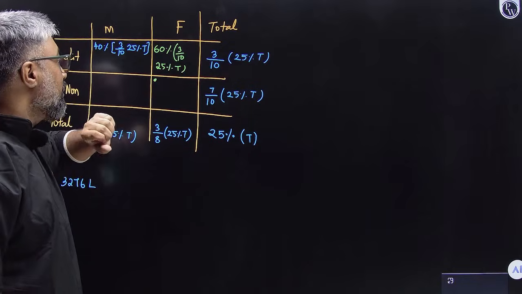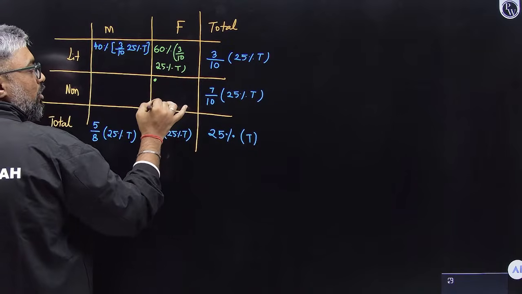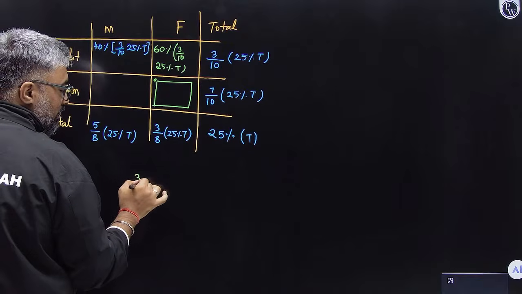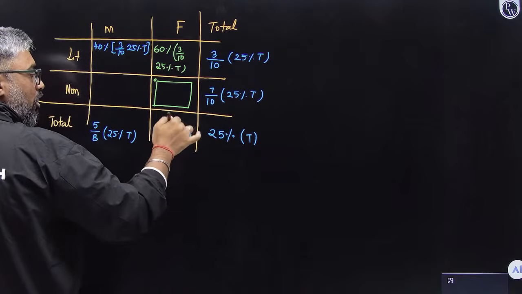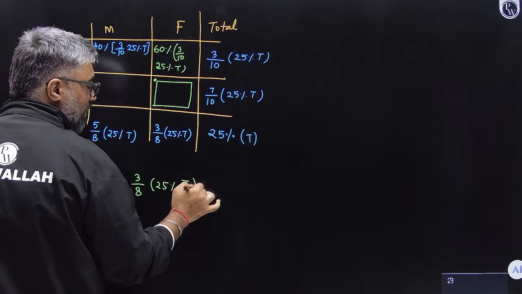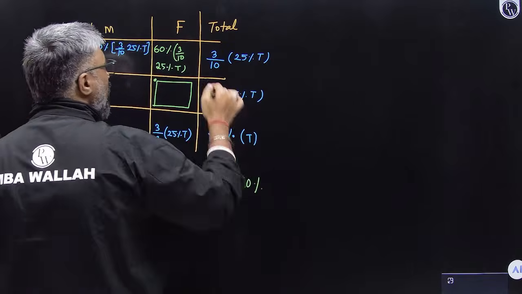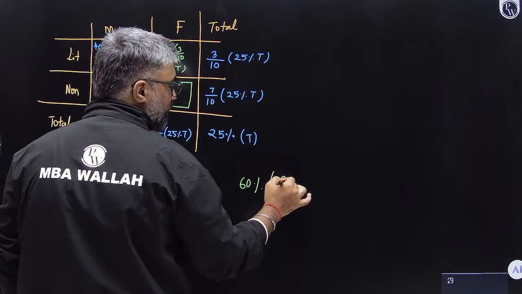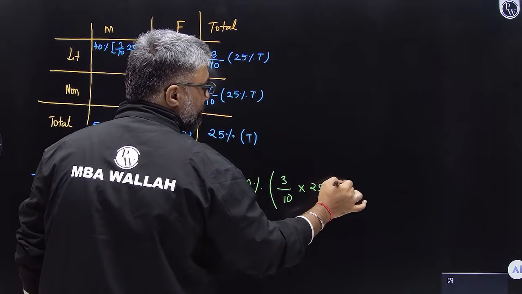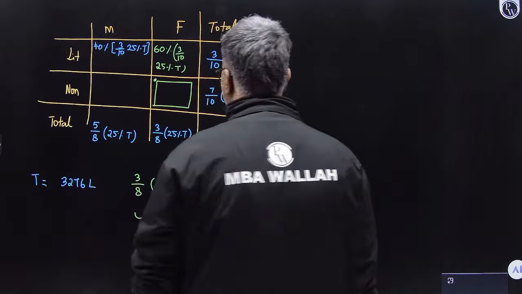Perfect. Now, from here, if I subtract this, I'll get this. So what is this value? This value is nothing but 3/8 of 25% of T minus 60% of 3/10 of 25% of T. Getting this? This is my answer. This is what I need to calculate.